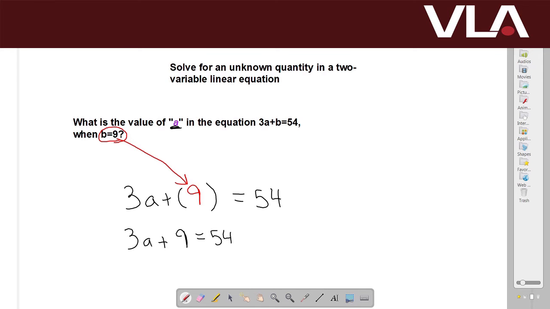So the object is to get a by itself. So the first thing I want to do is get rid of anything that's added or subtracted to that side. I have a positive 9, so I'm going to get rid of that. Whatever I do to one side, I do to the other. So that leaves us with our 3a equals 45.